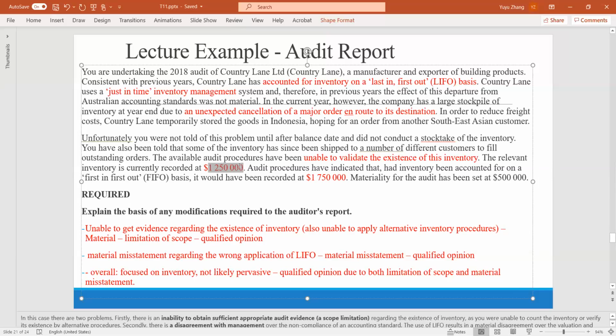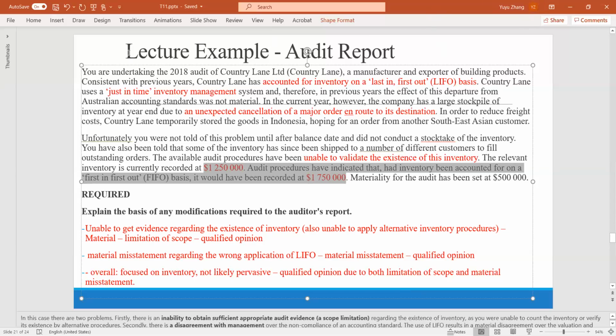This might be 2.5%. This might be 3.5%. Neither of those is pervasive, is it right? So the judgment really depends on how much more has been identified, or how seriously the nature has been classified. But in this case, even if we use this number or this number, none of them could be rated as pervasive. Okay?